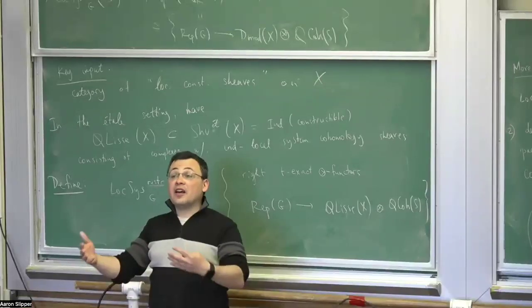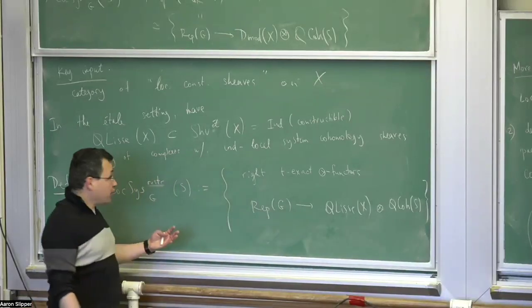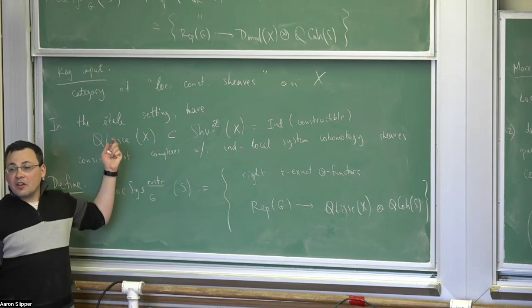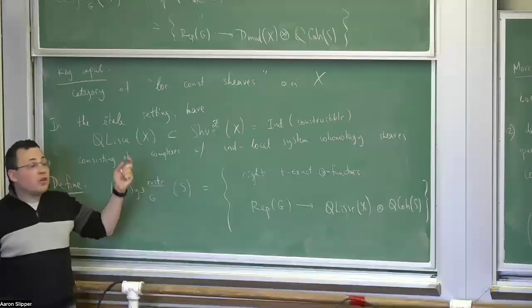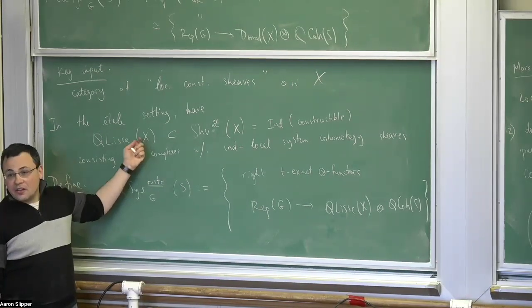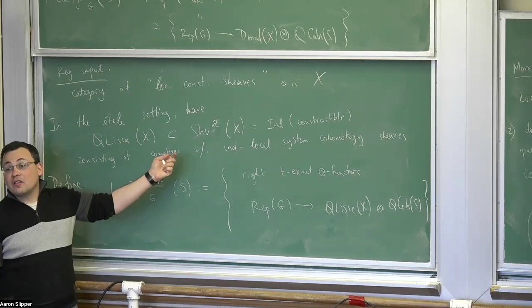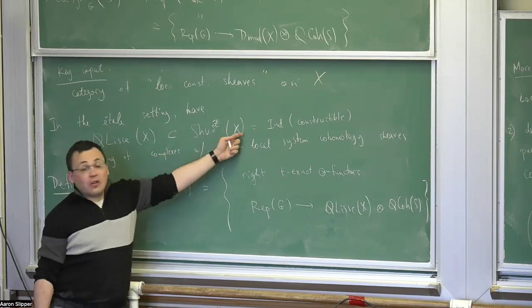And you can take Ind of that. In all cases except P1, that will agree with this. What is true in general for any X is that this is the left completion. This guy is always left complete.